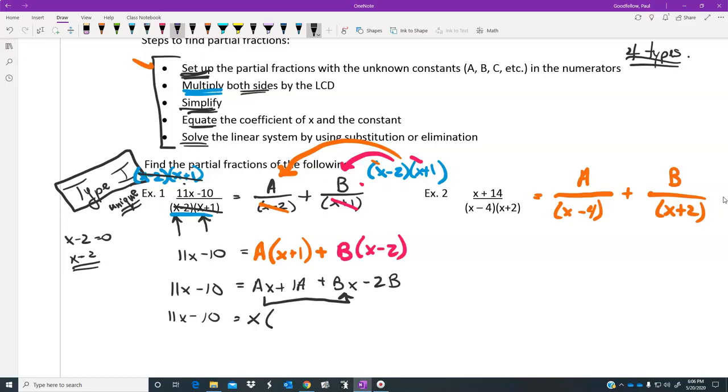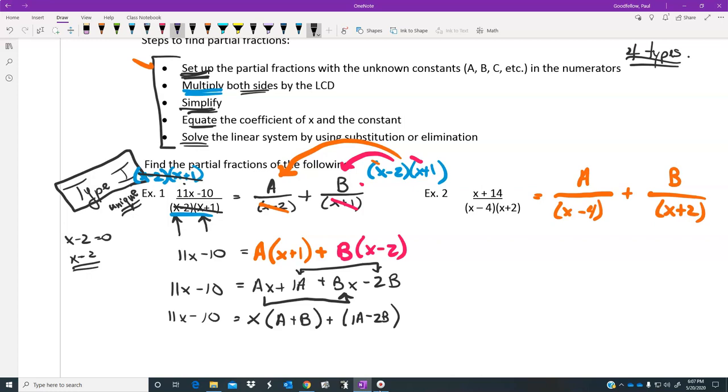I'd pull them together next to each other, steal an x out, and I'd be left with a plus b in that location. And that would take care of those two ideas. Now, these two last ones are based on constant values, and they're similar in the fact that they're just constants. And I'd be able to say plus, and that would be 1a minus 2b would be the other possible constant.